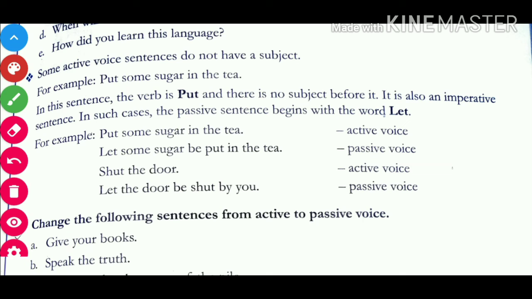So in these sentences you can see, as for the first example, put some sugar in the tea. Over here in this sentence the verb is put and there is no subject before it. So it is an imperative sentence. So in these kind of sentences what you have to do, the passive sentence begins with the word let.